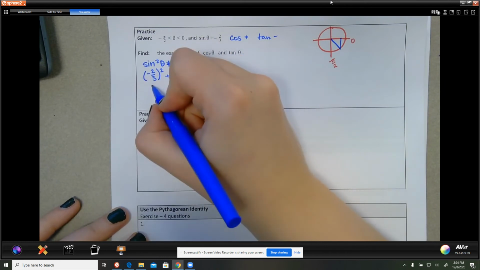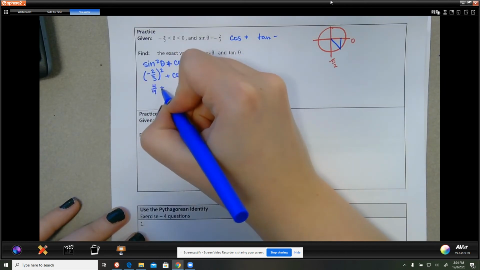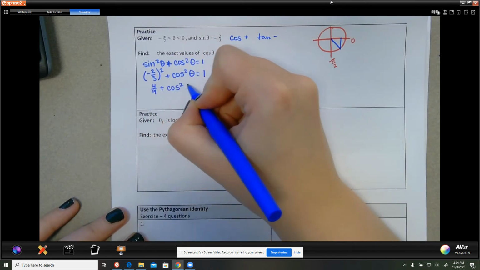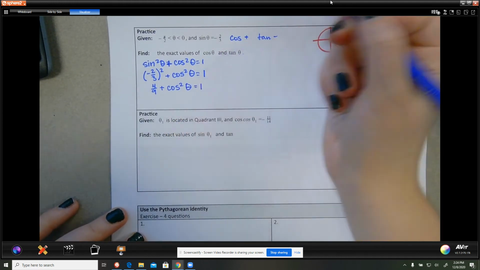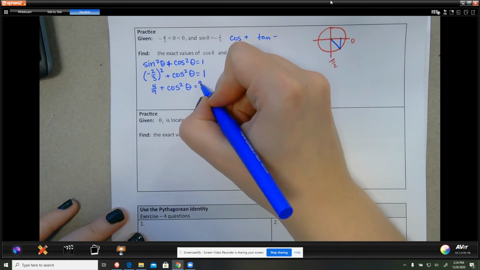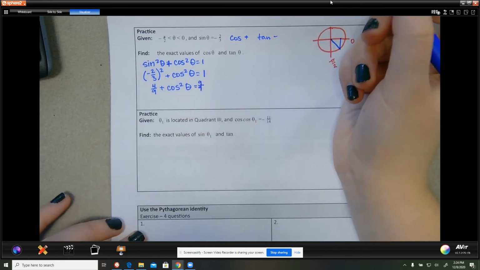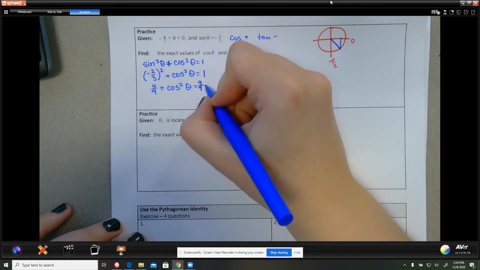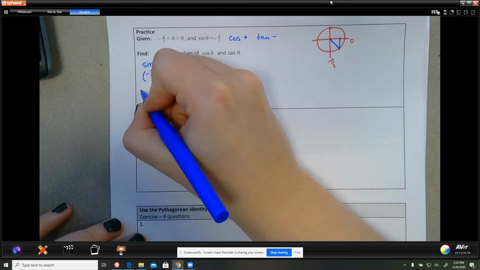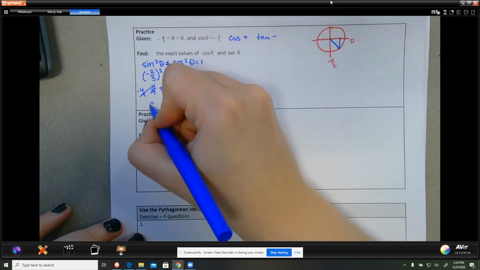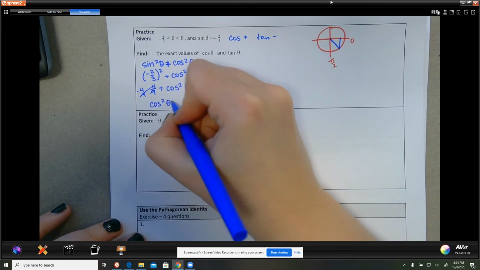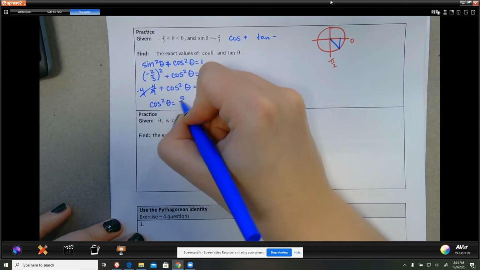All right, this would be 4/9 when we square that, plus cosine squared theta is equal to 1. We can also write 1 as 9 over 9. So I can subtract 4/9 from each side, right? Okay, so this is cosine squared theta is equal to 5/9.